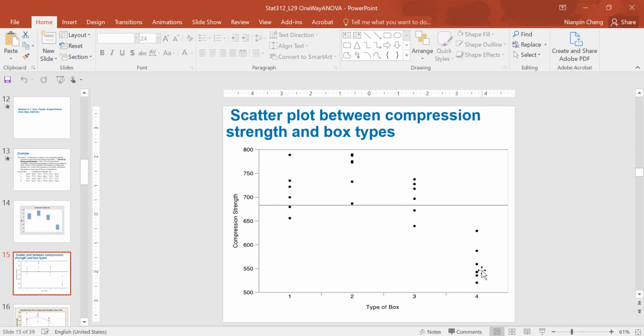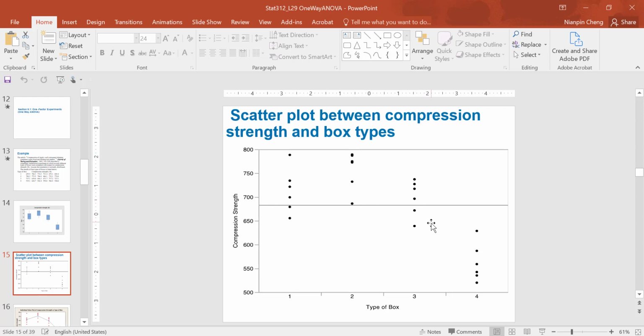So how are we going to use ANOVA to answer this question? ANOVA is a way to compare the variation between groups versus the variation inside each group.